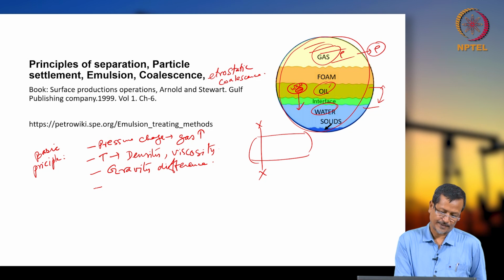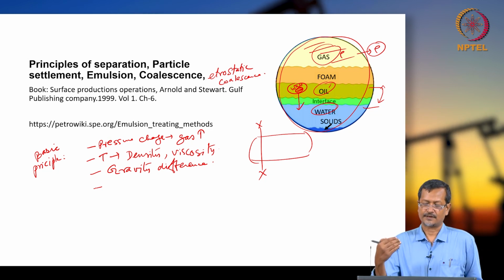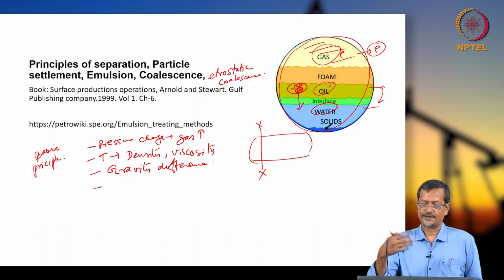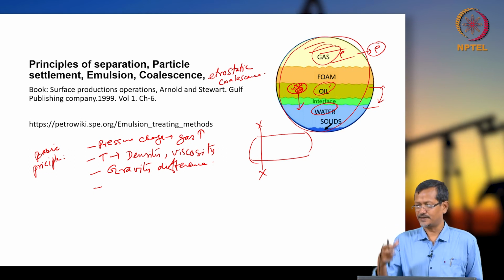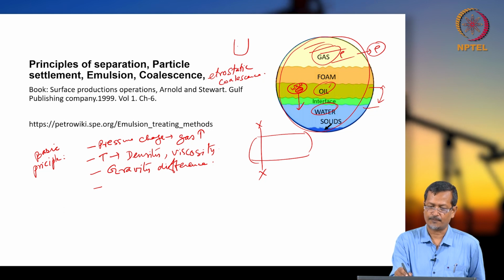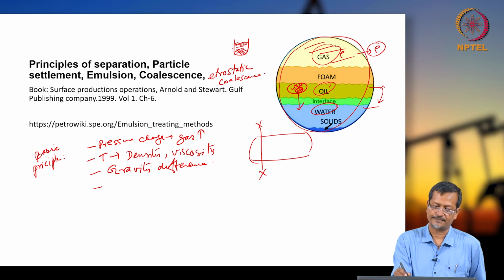Then there are some other techniques you also use to increase separation. For example, to separate a water particle from oil or an oil particle from water, one technique is gravity settlement. You take a certain amount of fluid in a bottle or pot and give it enough time, so automatically water will create one layer and oil will create another layer. So this will be oil, this will be water.